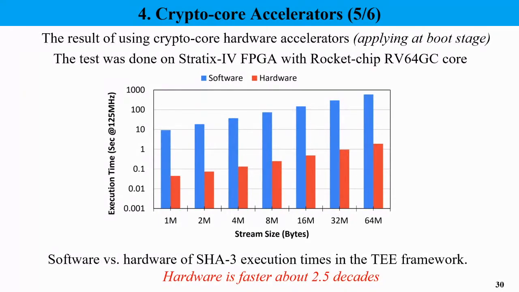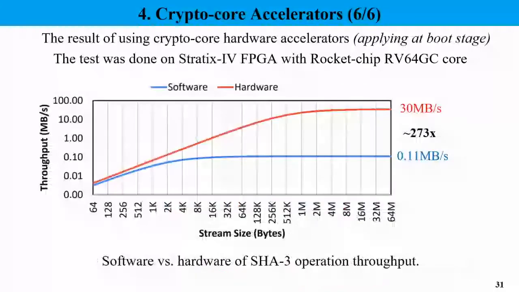This execution environment was tested on the system using pure software and hardware accelerator implementations. The process to authenticate the payload mostly uses the SHA-3 hashing, plus the ED25519 key pair and signing as an additional calculation process. As we can see here, the hardware solution decreased the execution time by about 2.5 decades compared to the pure software approach.